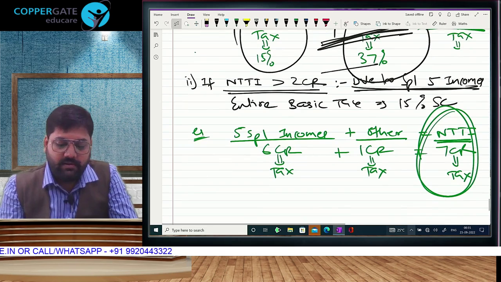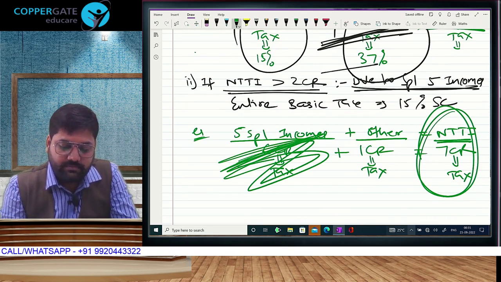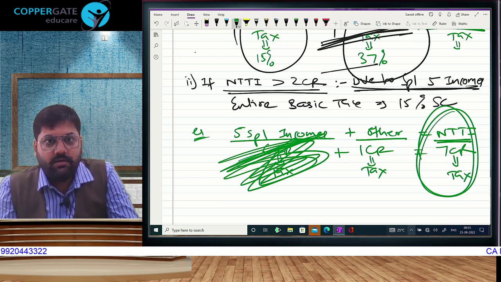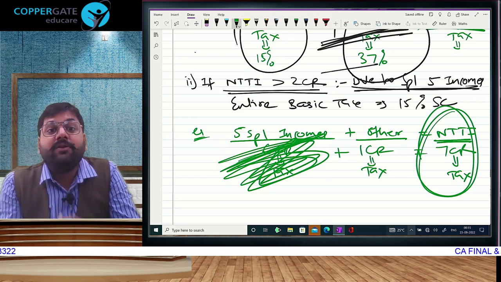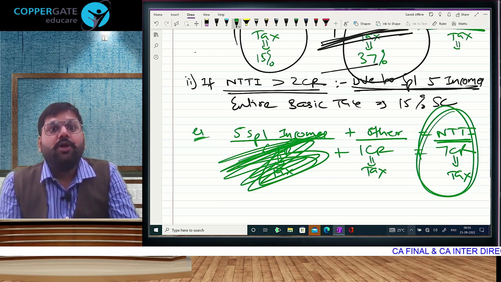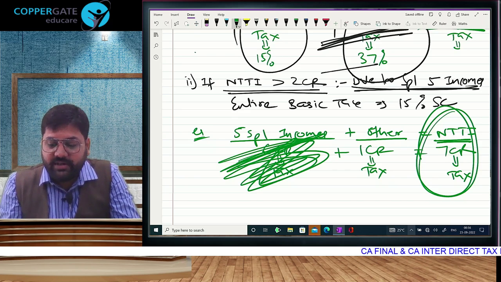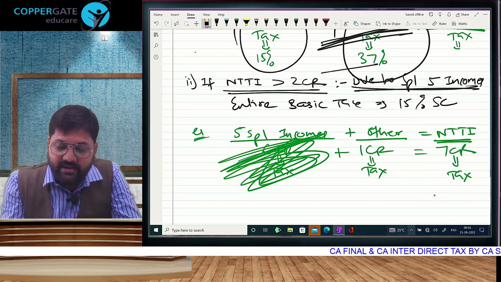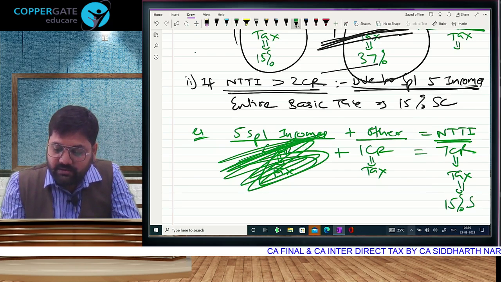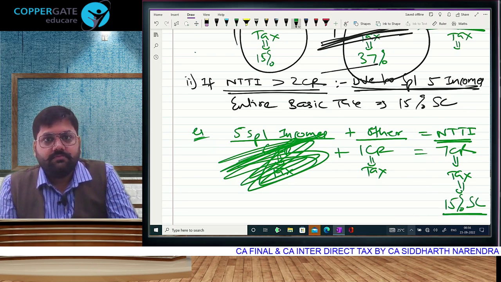Do one thing. Remove these incomes. Then have you crossed 2 crore? No. Then there will be no 25, no 37. On this entire tax liability, we will apply 15% surcharge.